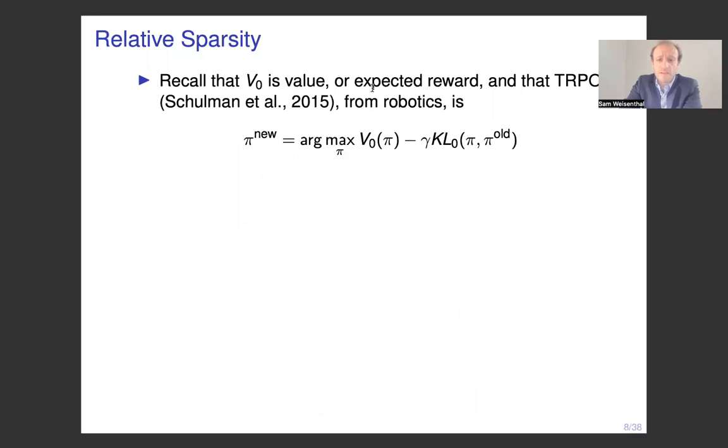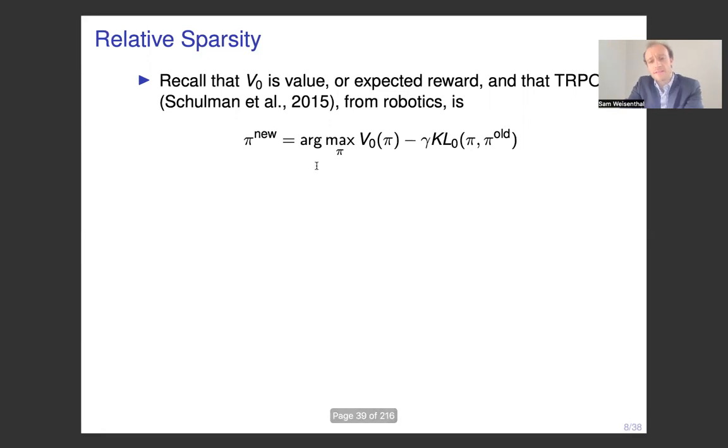If a policy has good value, it has good expected reward. It's like the worth of the policy in a sense. If you increase the expected reward, or final blood pressure, you'll have good value of the policy, and bad value otherwise. And trust region policy optimization, again by Schulman et al. from the robotics community, is this mixture of expected reward, or value, and a pull towards the old behavior.